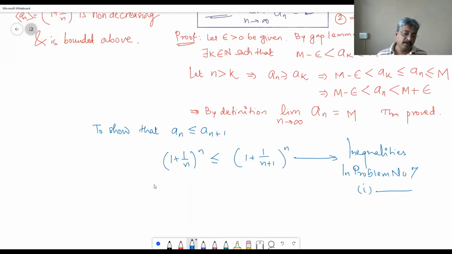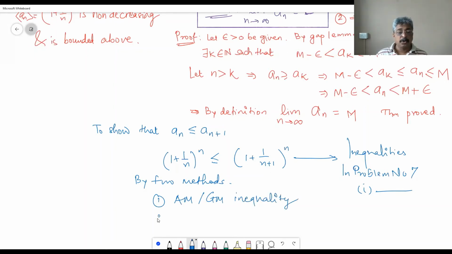We can do it by two methods: one, your regular AM-GM inequality, and two, the binomial theorem. Now I am not giving you time to do that. Let me explain both of them.